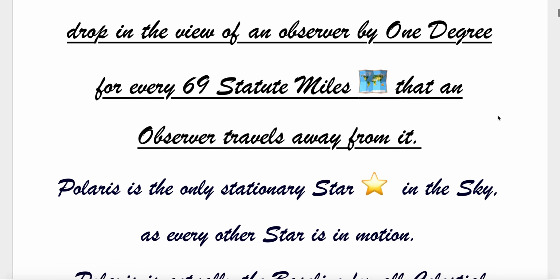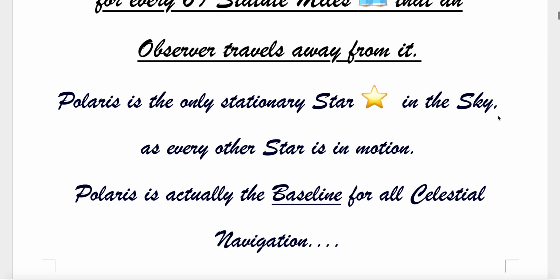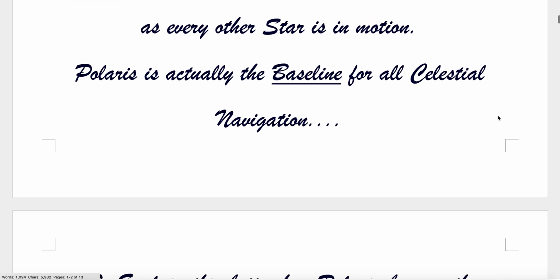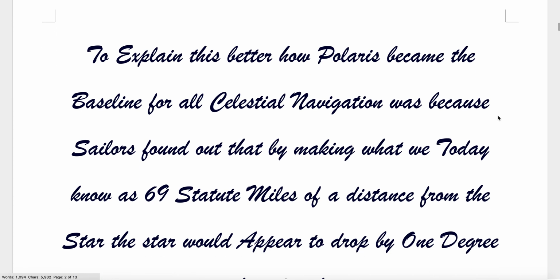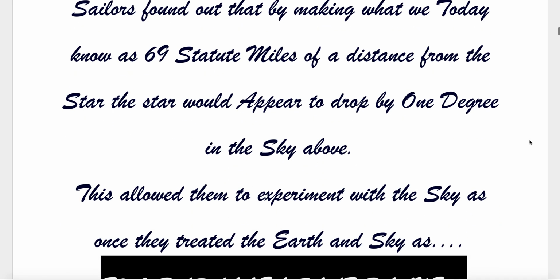Polaris is the only stationary star in the sky, as every other star is in motion. Polaris is actually the baseline for all celestial navigation. To explain this better, how Polaris became the baseline for all celestial navigation was because sailors found out that by making what we today know as 69 statute miles of distance from the star, it would appear to drop by 1 degree in the sky above.